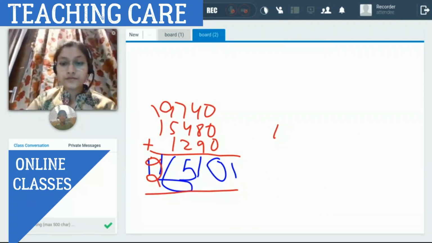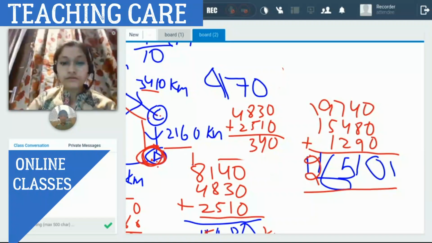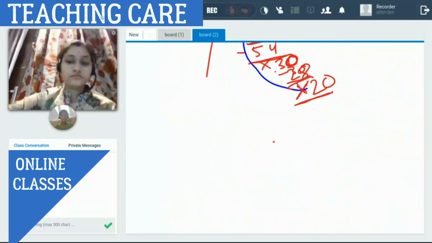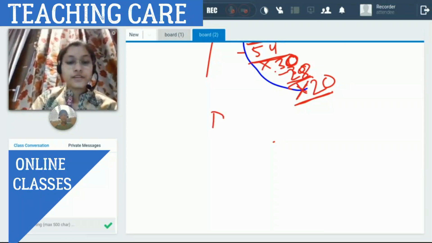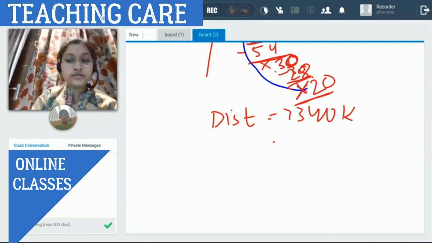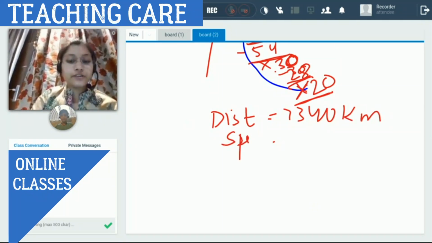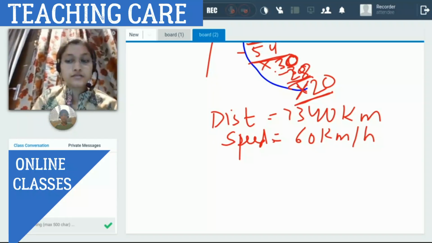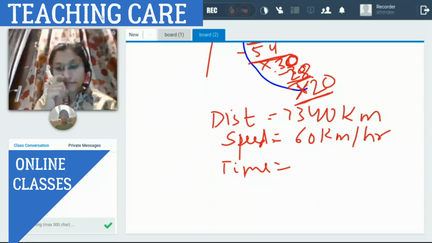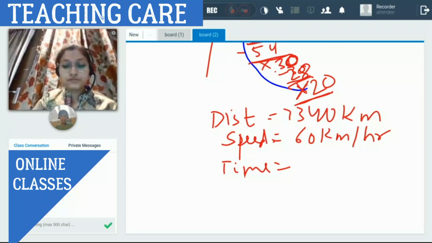That will be 7340. Now I have my distance to be 7340 kilometers. Speed I already know, 60 kilometers per hour. So I can calculate the time.